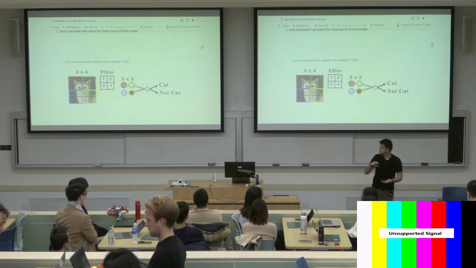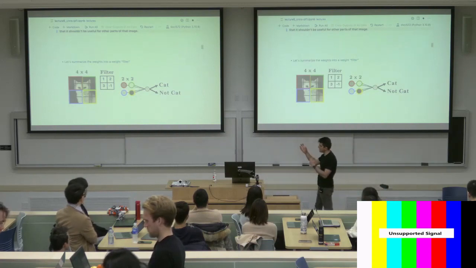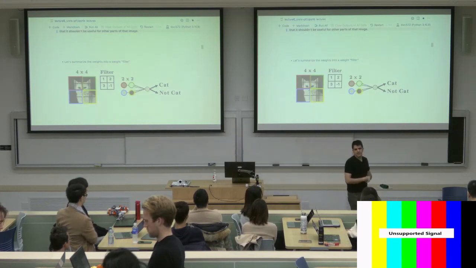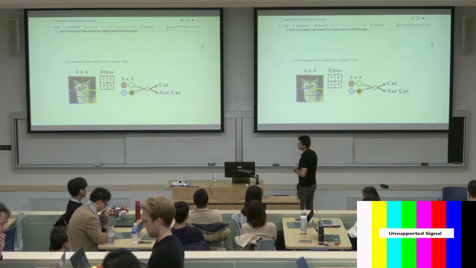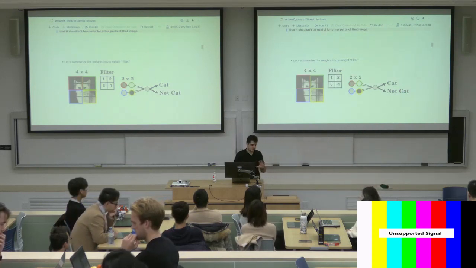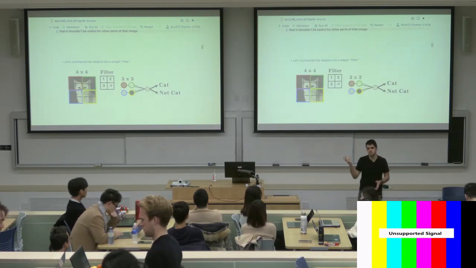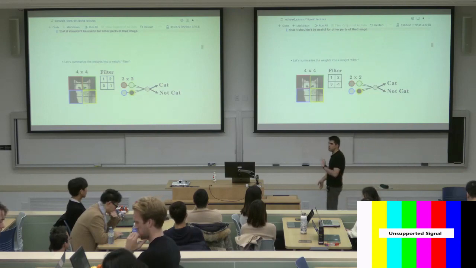And if the image is upside down, the eyes appear somewhere else, the ears appear somewhere else, then the network might not work as expected. Okay, so it's saying, we're expecting the ears of this cat to always appear in that region of the image. And if we do that, we go back to the same problem.